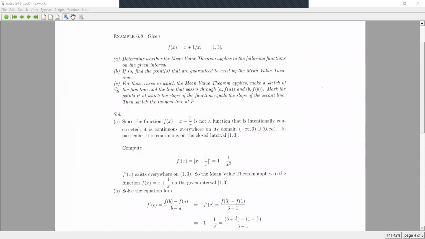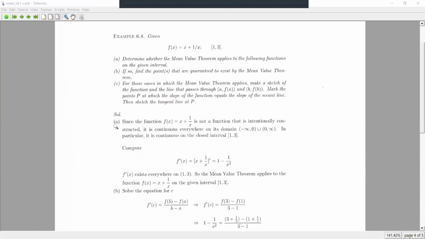The third question: plot the graph of the function on this interval, then join the 2 endpoints of the graph with a line. Then on the graph, mark the point P at which the tangent line is parallel to the line that joins the 2 endpoints.